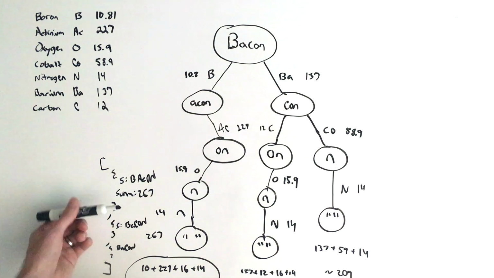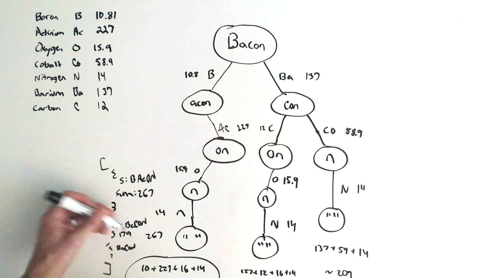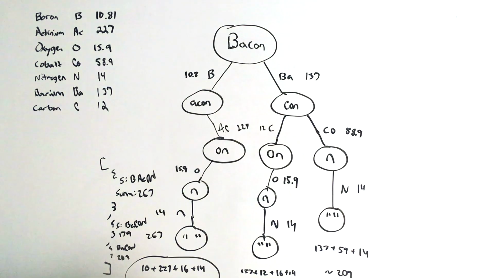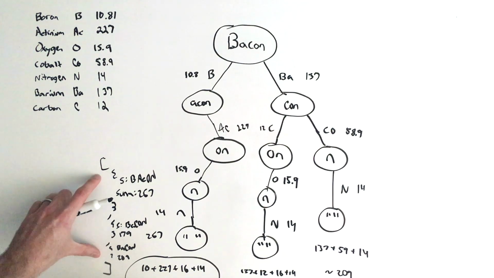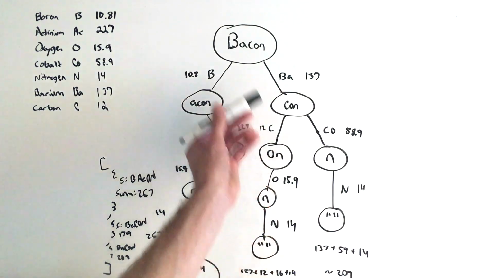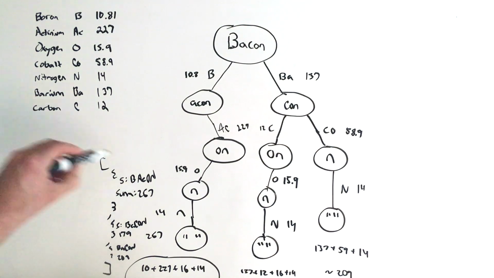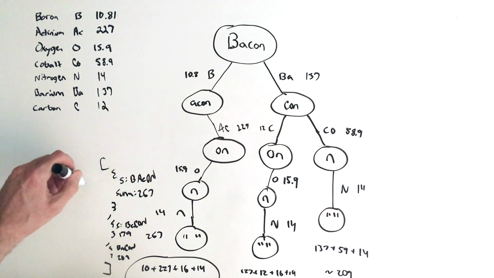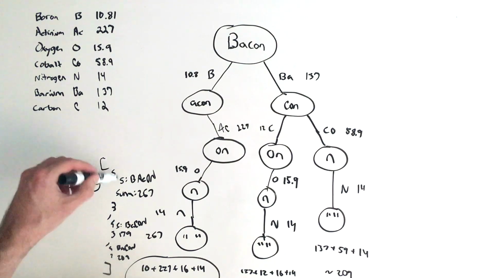And then the sums would be 267, 179, 209. I know you probably can't really read this, but just know that you have an array at the end that has all of these symbols concatenated and the sums added to it. And then finally we could just sort this in descending order and pick element 0. So we'll pick the first element after sorting descending, and that's going to be our answer.